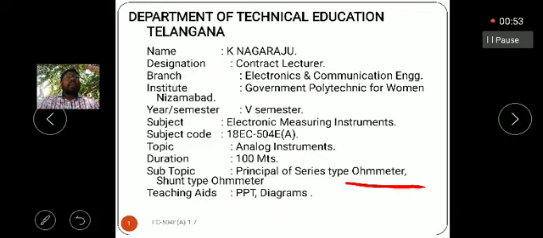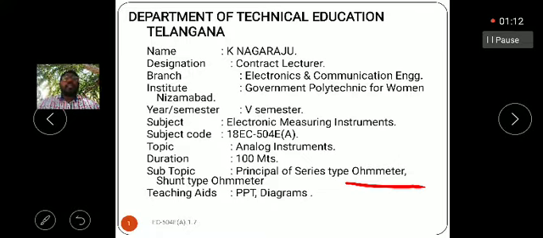Here we are classifying the circuit connectivity in the ohmmeter. We have two types of ohmmeter circuits, series type ohmmeter and shunt type ohmmeter.